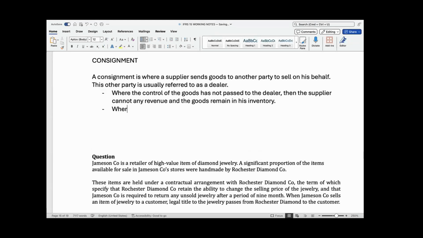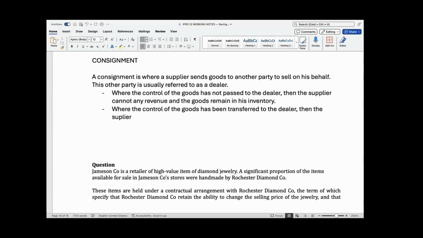But where the control has been transferred to the dealer, meaning that the dealer has paid for the goods and has inventory risk and all of that, then the supplier can recognize revenue.